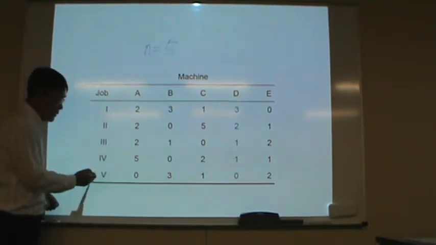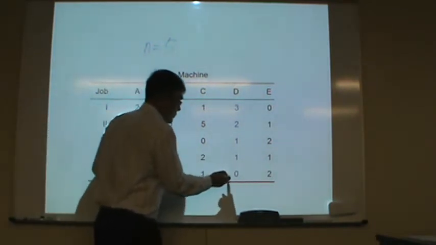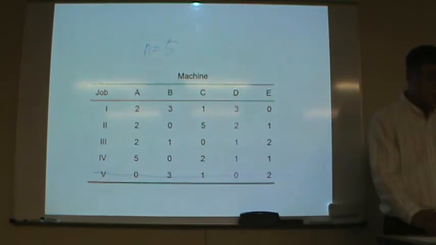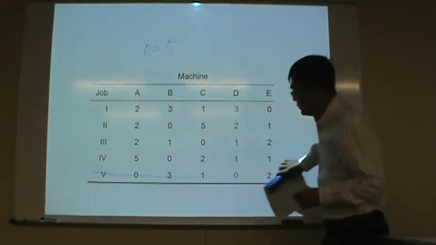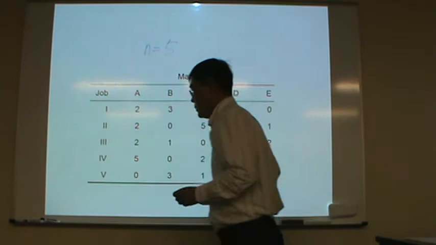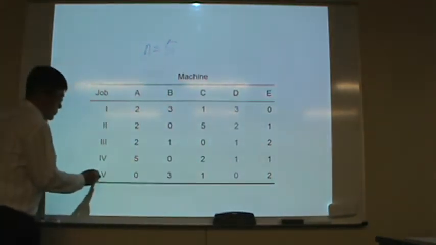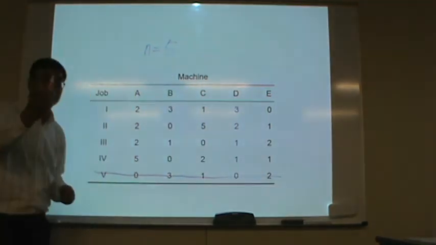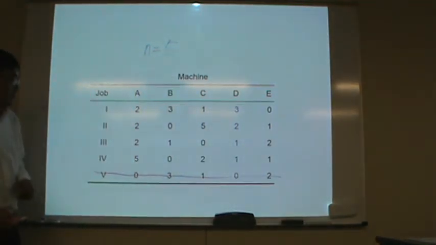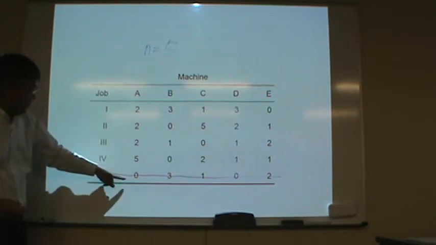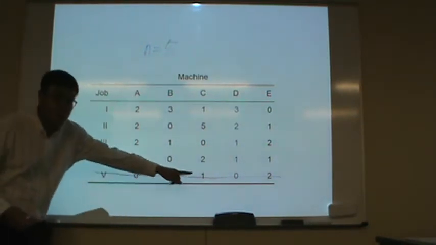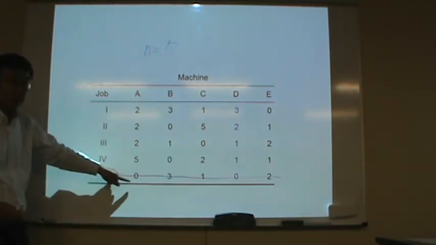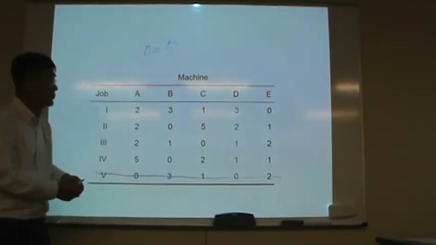So using a line, cover. Let's use color. Pink. Okay. This one, there are 2 zeros, so cover that one. How about column? 1, 2. Two.